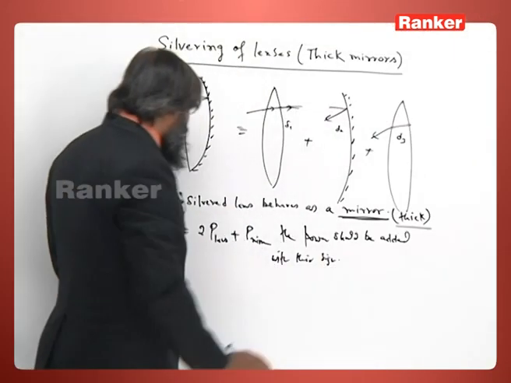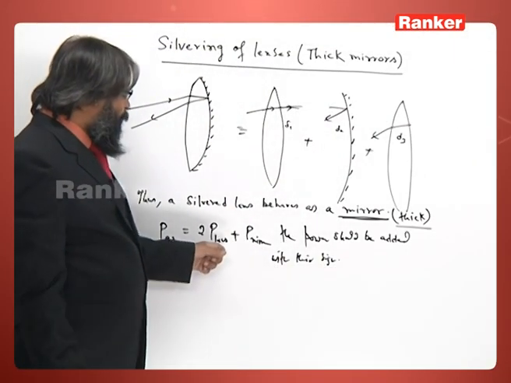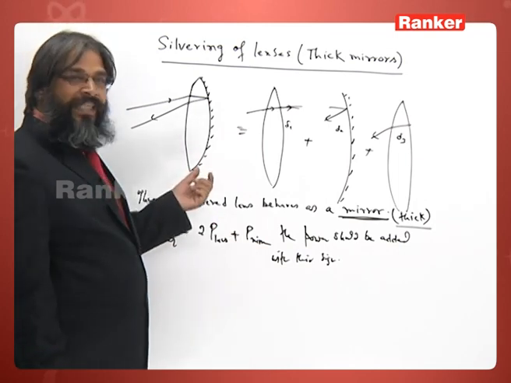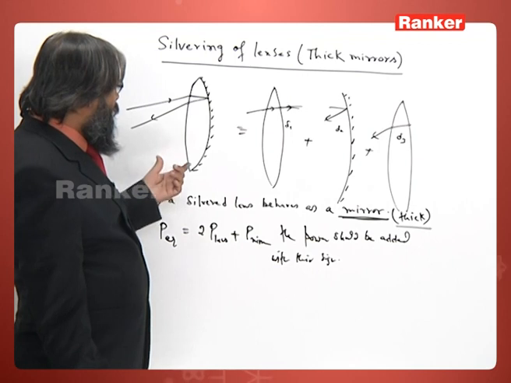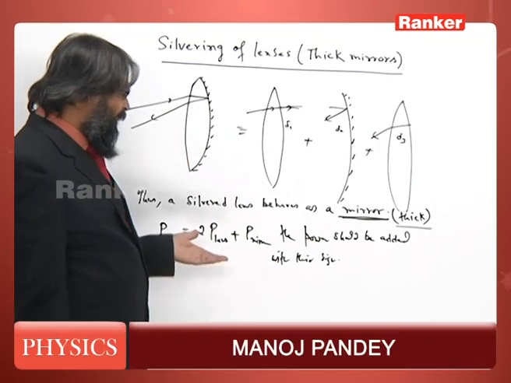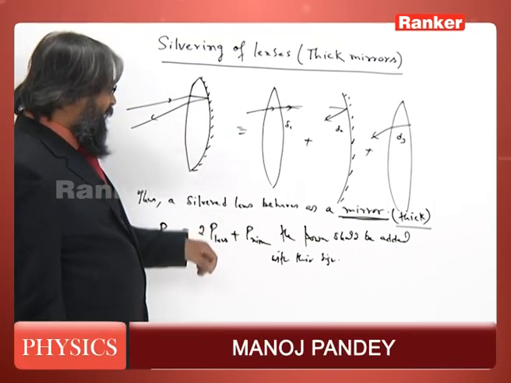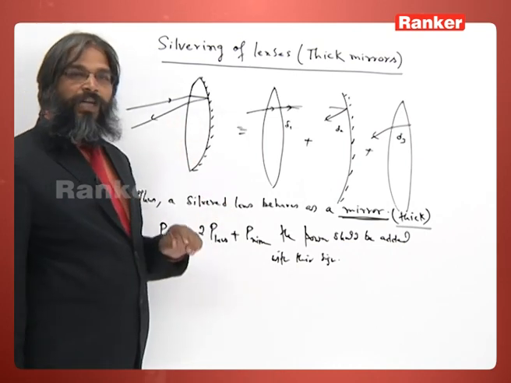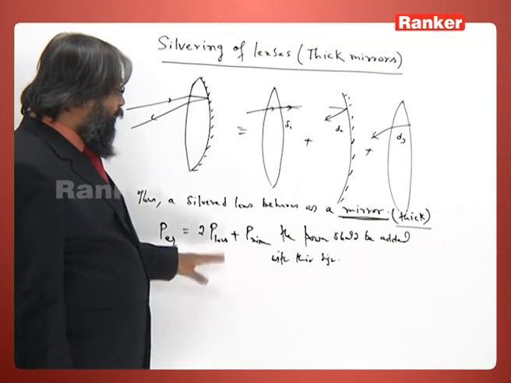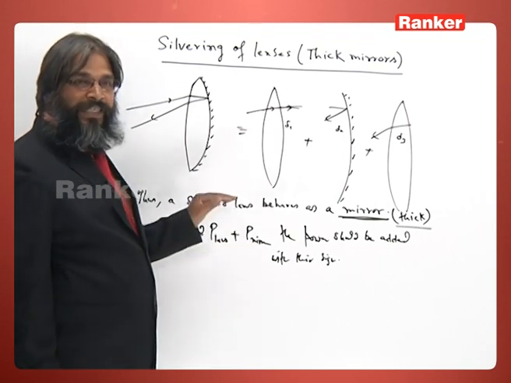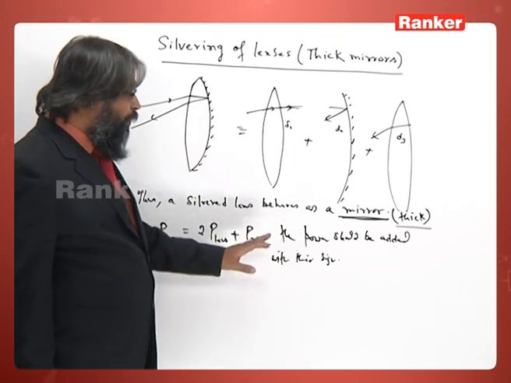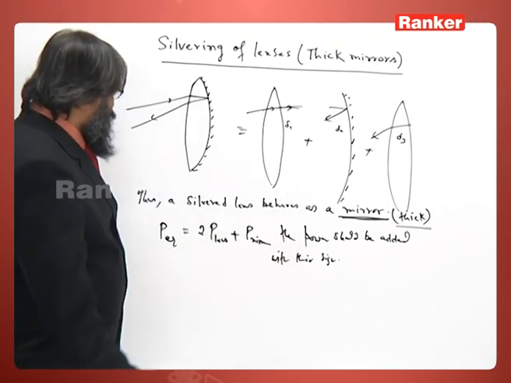Meaning, the power of a lens with sign: convex lenses have positive power, concave lenses have negative power. Mirrors, power of a mirror: the converging mirrors, concave mirror, convergent mirror, have positive power, convex mirror, divergent, has negative power. So this is the sign of powers.